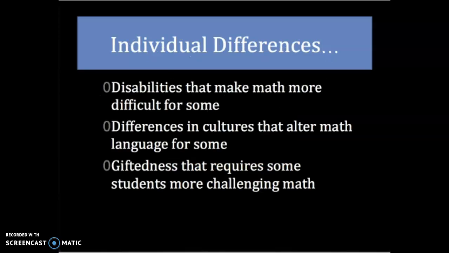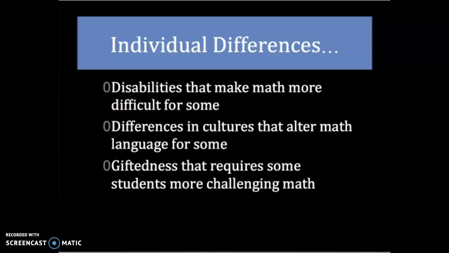So we look at individual differences that could require somebody to need more equity, a leg up, some assistance, an accommodation, a modification. There are disabilities that make some math more difficult for some students.